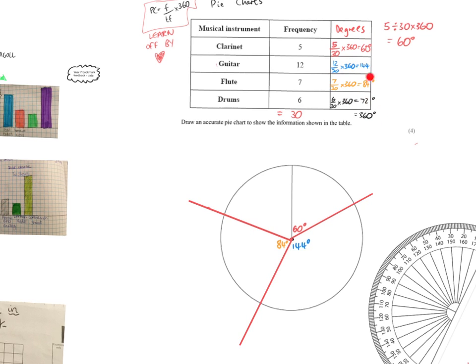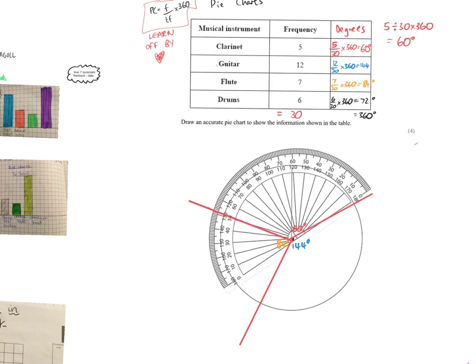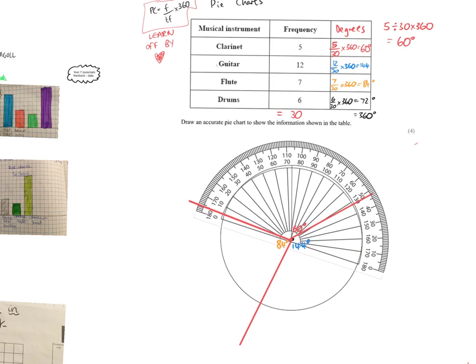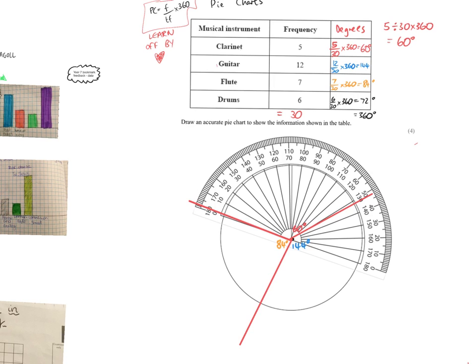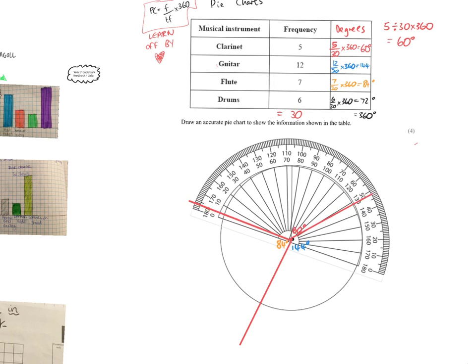Now if you've plotted these correctly or accurately, when I move my protractor over and put 0 on the new line and the crosshair on the centre, I should be on 72. And oh, not quite.